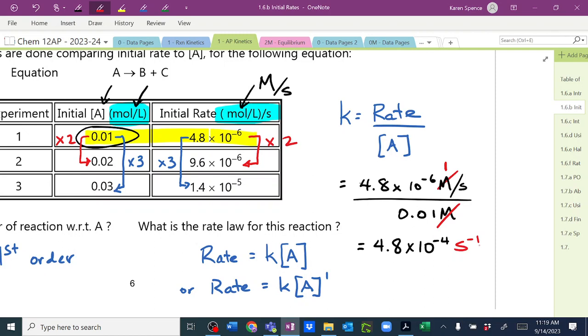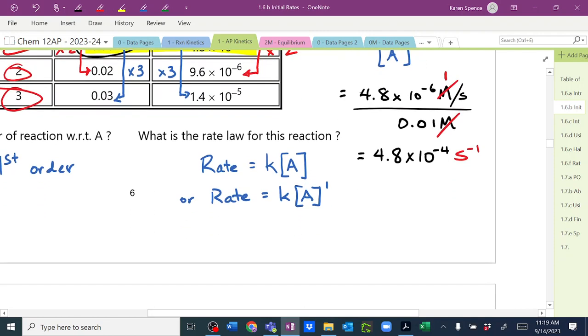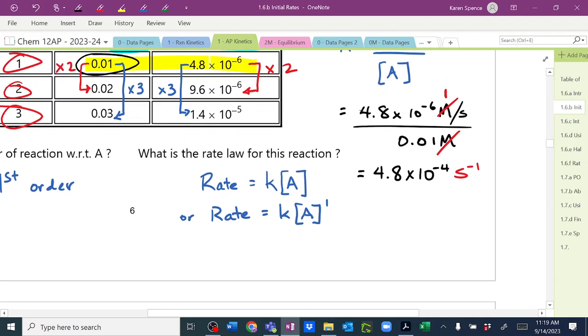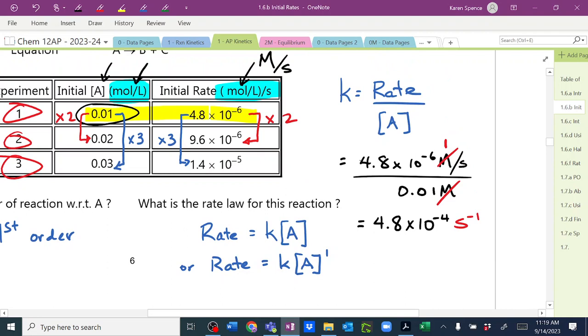And because it's a constant, you will get that same value if you use the first set of data from experiment 1, or the second data from experiment 2, or the data from experiment 3. You'll get that same number. Sometimes on an exam you don't get a rate question.